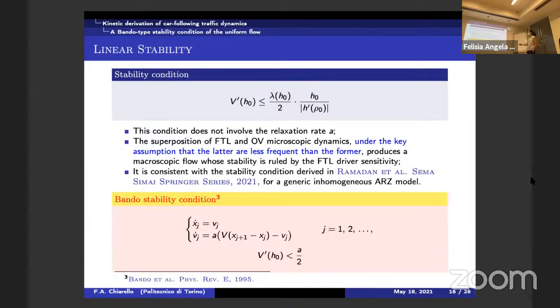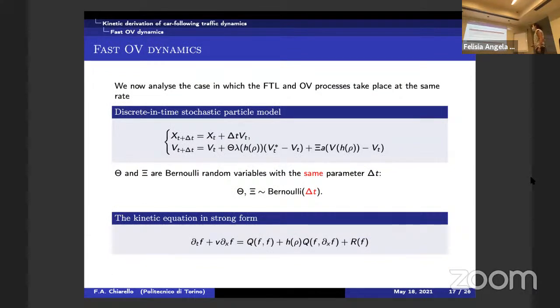Just in order to compare, if we consider just the microscopic optimal velocity model, we get this stability condition that involves the relaxation rate A. So, if we consider now the same discrete in time stochastic particle model, but here we consider theta and c Bernoulli random variables of delta t.